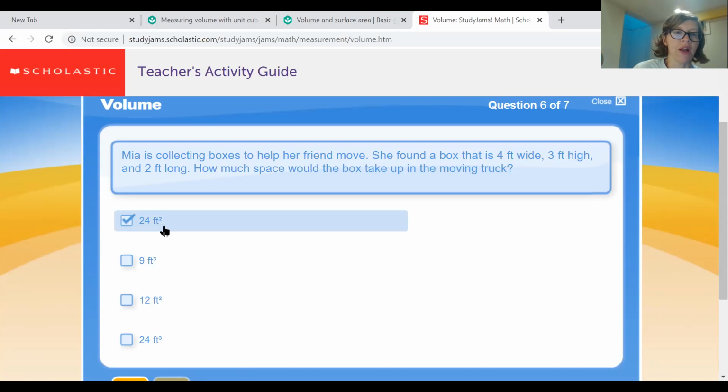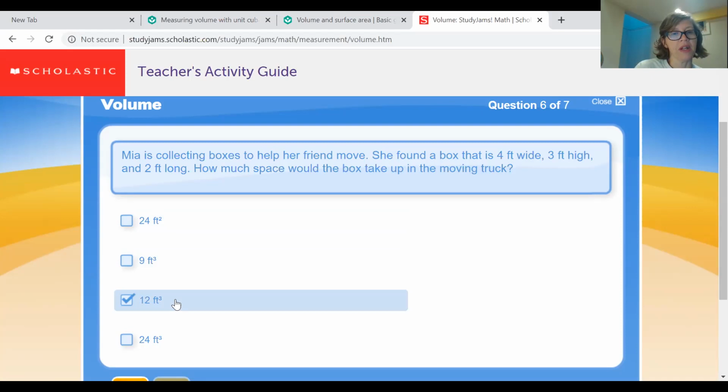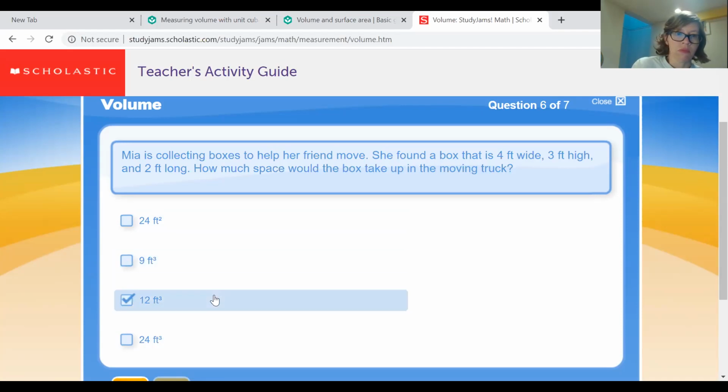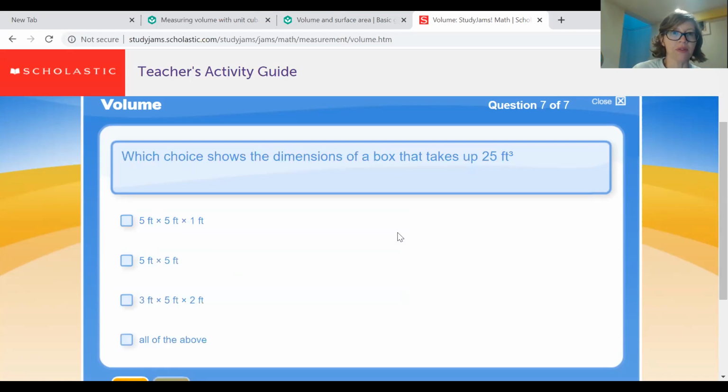Is it A, 24 feet squared, B, 9 cubic feet, C, 12 cubic feet, or D, 24 cubic feet? All right, choose the best answer. I'm going to go with D, and then we're going to move on to the last question.